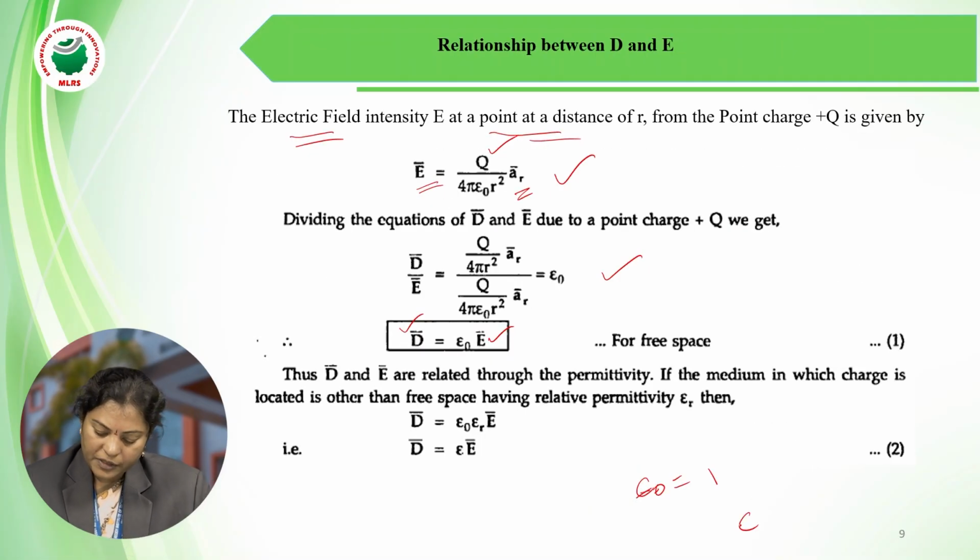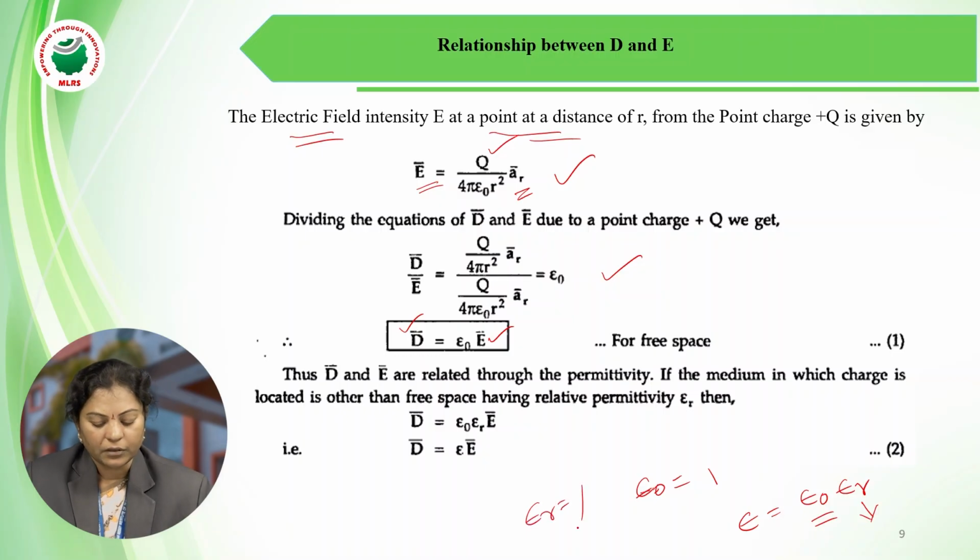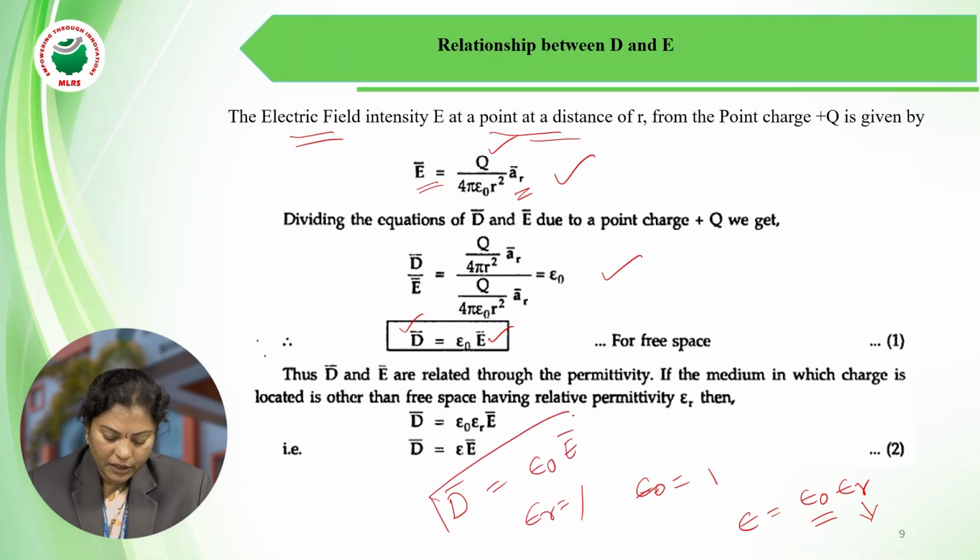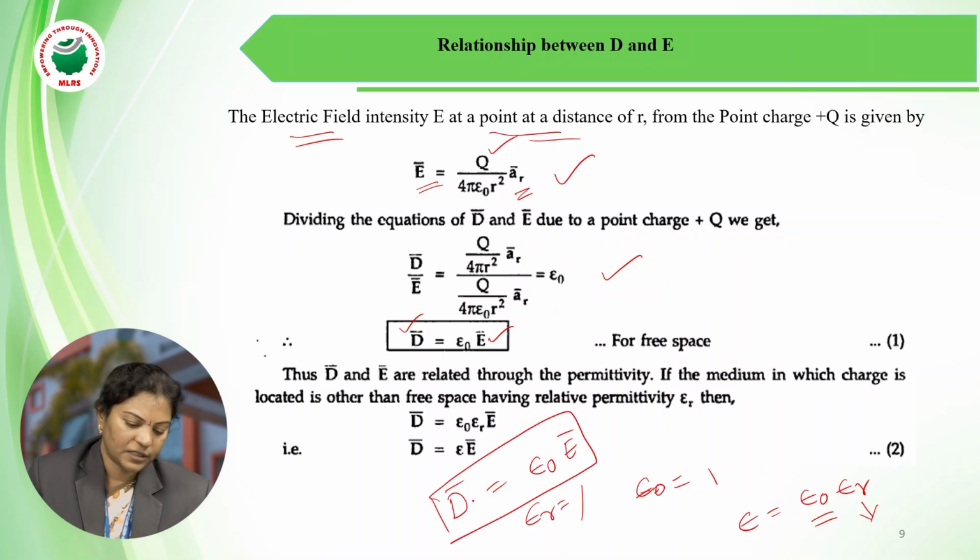Epsilon is epsilon naught into epsilon r, where epsilon naught is for free space and epsilon r is the relative permittivity. For air, epsilon r is 1. So D equal to epsilon naught into epsilon r into E, and for air D is epsilon naught into E. This gives the relation between flux density and electric field intensity.